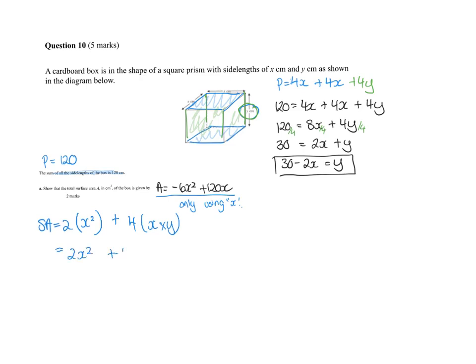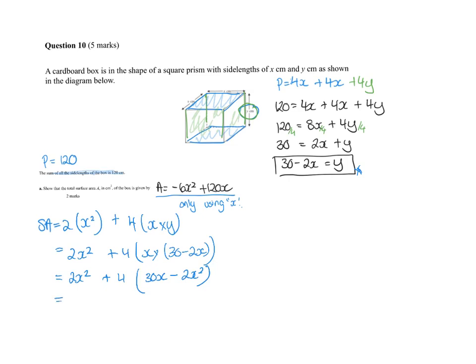But so I've got 2x squared. I'm now going to, instead of having y, put what y actually is. So it's actually x times 30 minus 2x. Okay, so let's keep on expanding that out and see what we get. So I'll just leave the 4 outside at the moment, and I'd have 30x minus 2x squared.